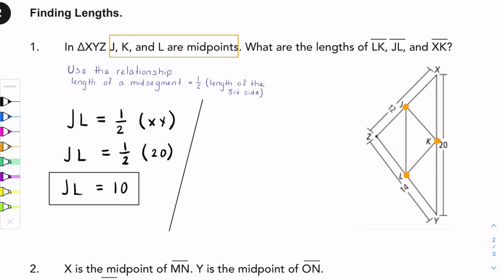Let's switch and use another midsegment. So let's look at segment LK. Segment LK is here. It connects these two sides, which means the third side is XZ. XZ is twice the length of LK.